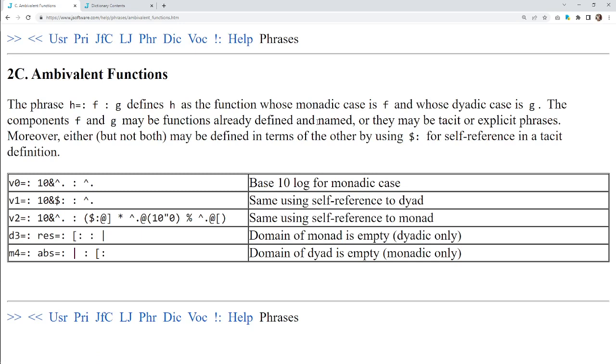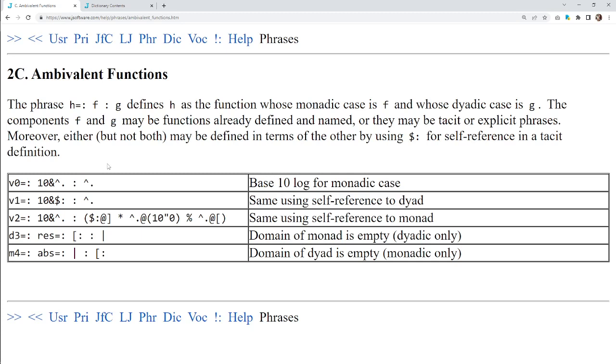But let's just see if we can read this code. Like I said, I understand this left case. So this is the monadic case of V0, and this is the dyadic case.